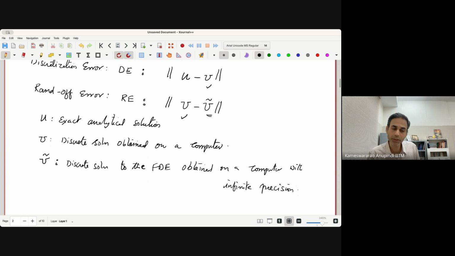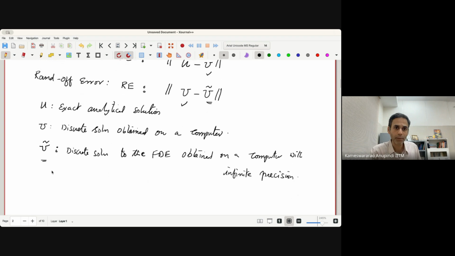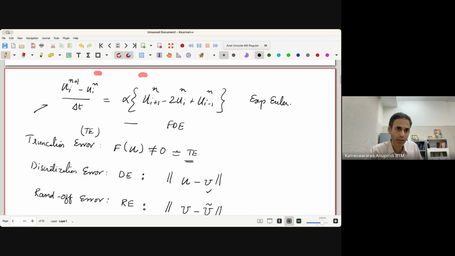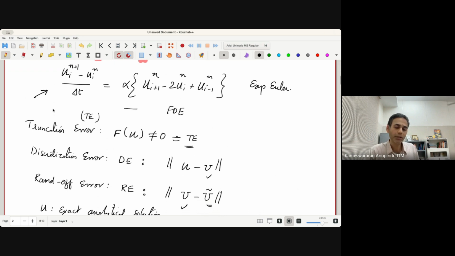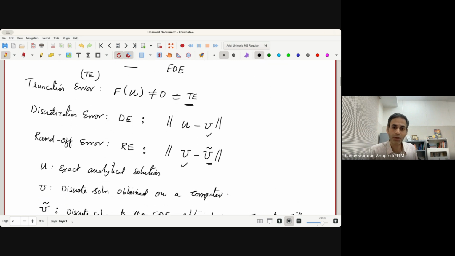So there is no round off involved. As a result, U tilde, when you solve this equation on an infinite precision computer, hypothetically if we have one, is the solution. Whereas if you solve it on a regular computer, then the solution is going to be U. Okay. Now, the only difference between these two is that you are still solving the same finite difference equation, one on a regular computer with some precision, whereas the other is with infinite precision. So as a result, the difference between these two is the round off error, right?